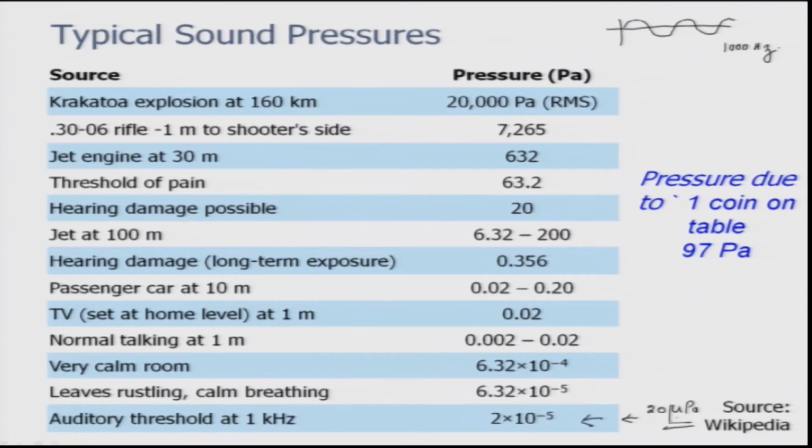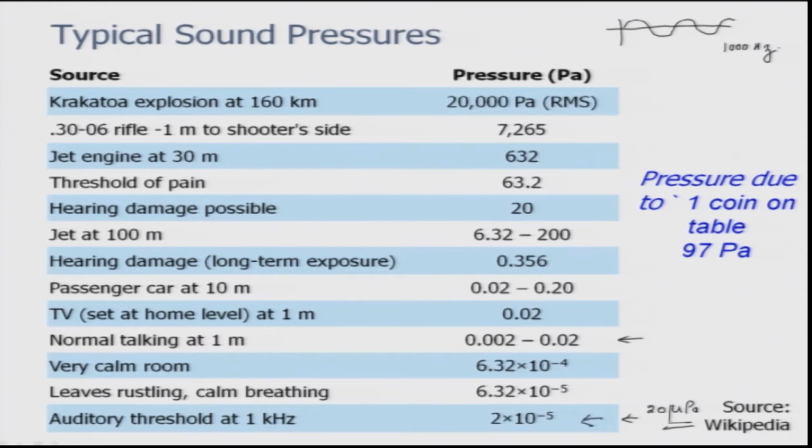Another example: if there is a silent room, no noise sources, and I am talking in this room, not shouting and not talking at too low a level, then the pressure fluctuation in a root mean square sense is about 0.002 to 0.02 pascals.